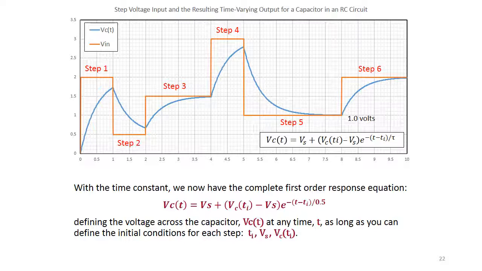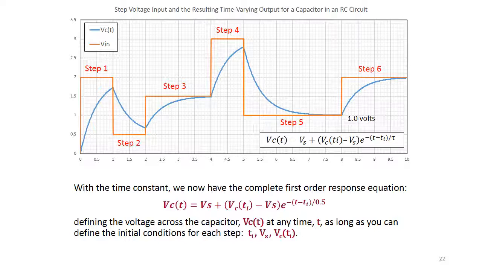So now that we have the time constant, we can have the complete first order response equation. And if you look, the time constant of 0.5 is in the denominator in that exponential. So e to the minus (t minus Ti) divided by 0.5. The t minus Ti is the shifting function, and the 0.5 is your tau, or your RC, or your constant between the two.